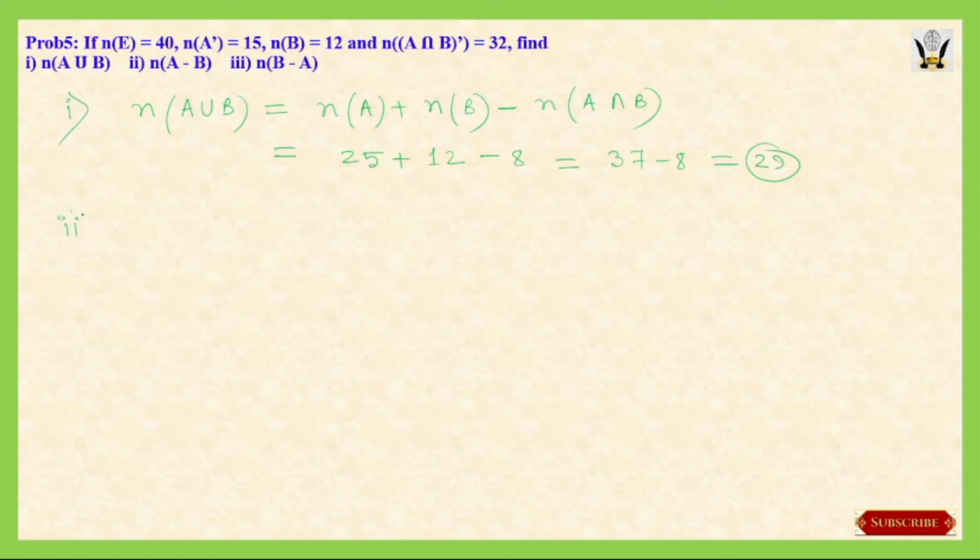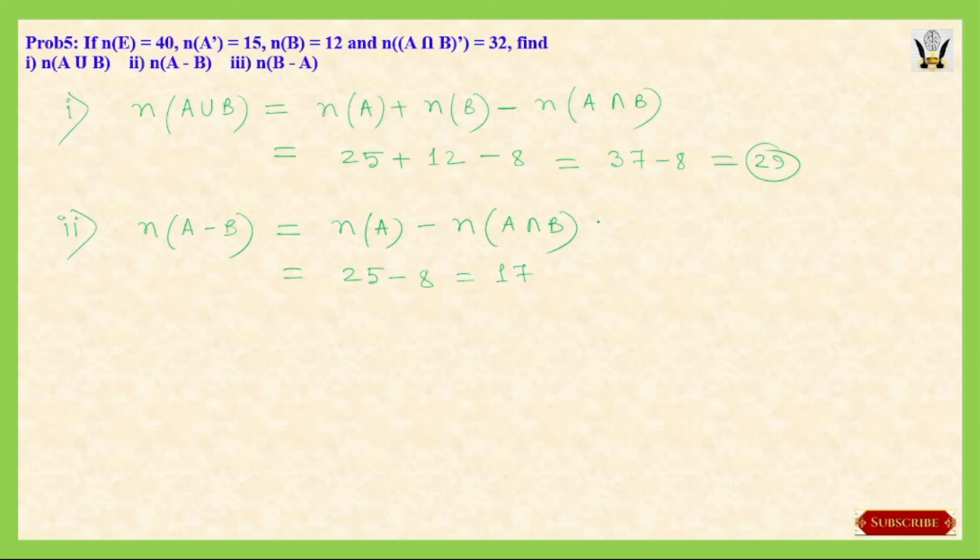Then the second part says that we have to find the cardinal number of the difference between A and B, and we know this relationship, that when we are finding the difference between these two sets, it will be n of A minus n of the intersection between these two. So n of A means 25, and for this intersection the value is 8, so it will be 17.